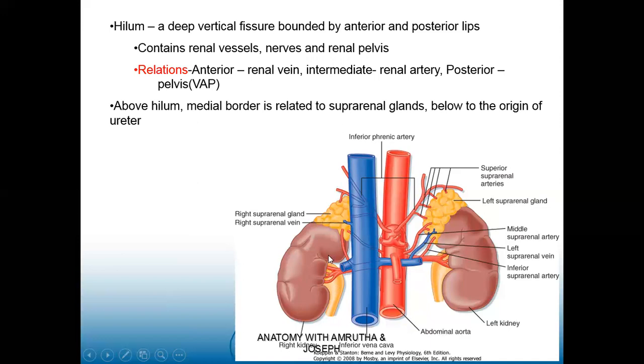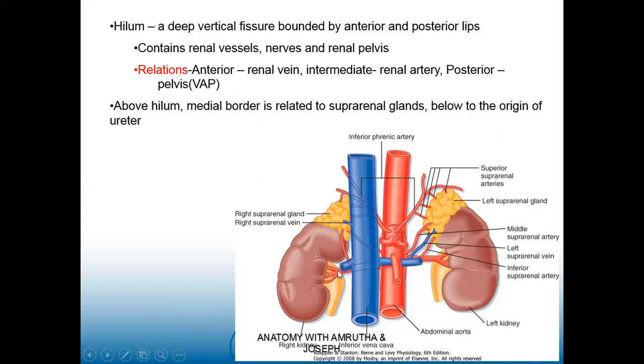Now, relations in the hilum. The structures I discussed are arranged in a particular way from anterior to posterior: the renal vein, which is most anteriorly placed, then posterior to that the renal artery, and most posteriorly the renal pelvis.